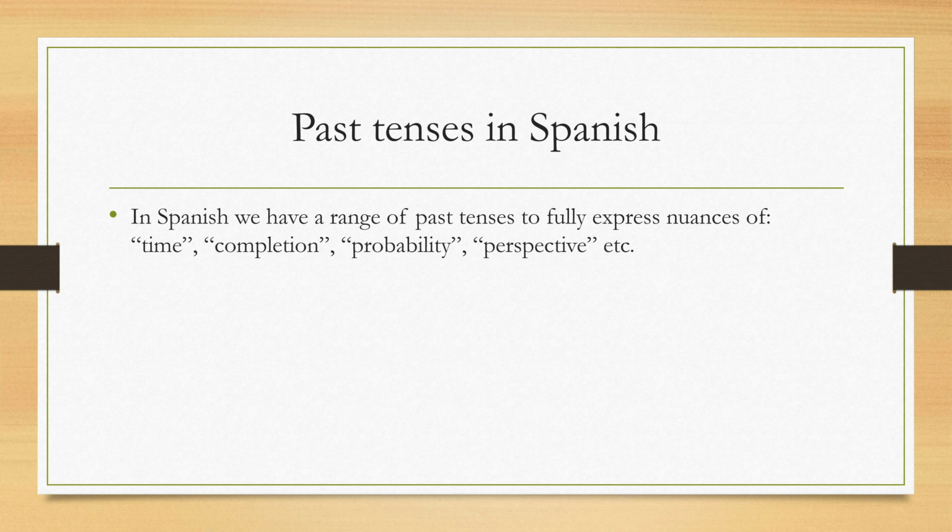For example, time, completion, probability, perspective, etc. This means that we can talk about whether actions are finished or ongoing, whether they are happening in a past that we think has no connection with the present, or those actions still have a connection with the present, whether they are hypotheses and we use conditional tenses, or they are not, or whether we are talking about the relationship between several actions or events in the past in terms of time.